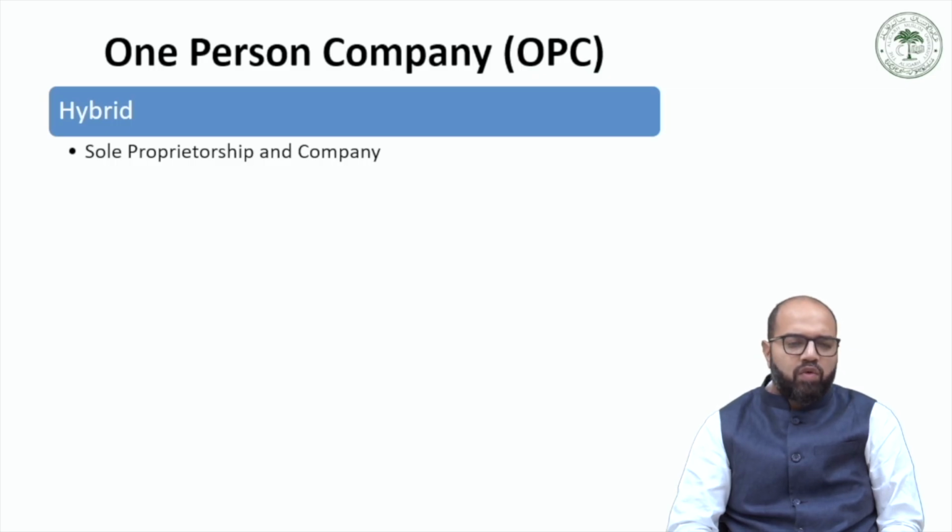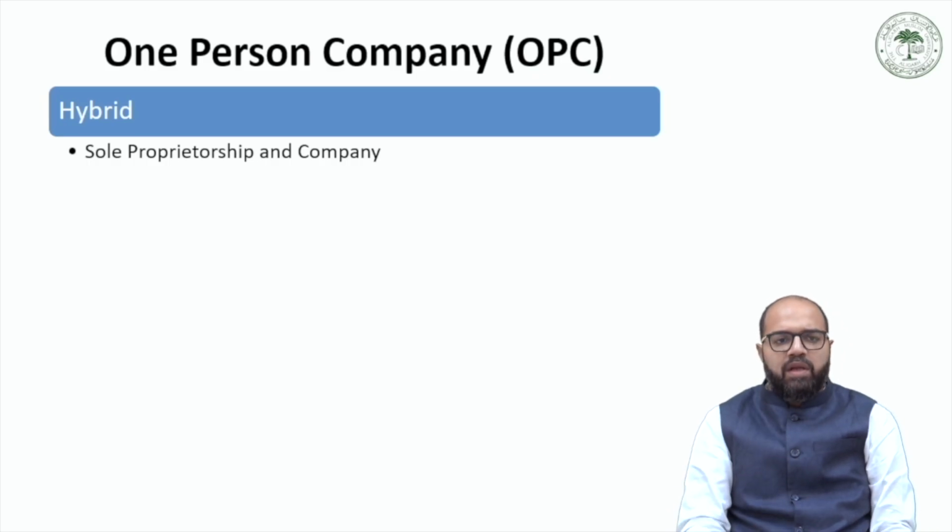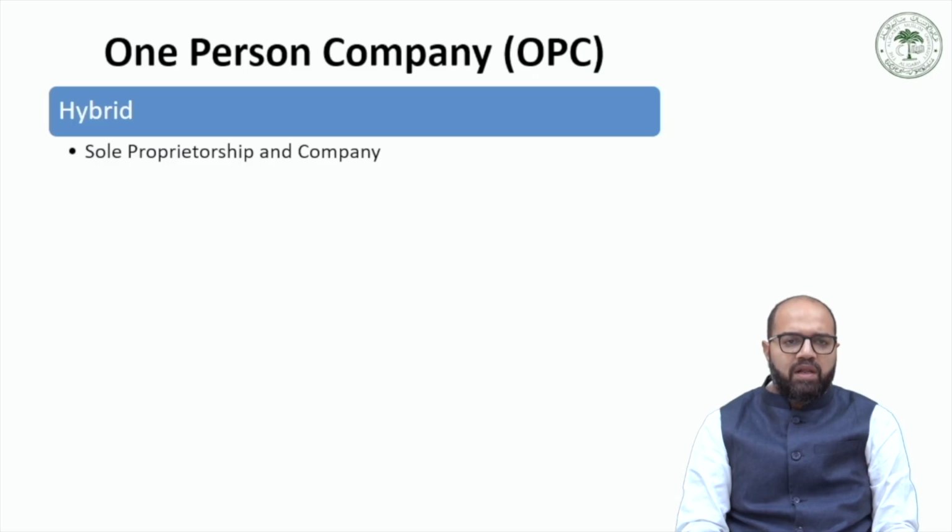That is sole proprietorship and a company. So, we have already undertaken a detailed discussion on both these two kinds of business organizations. So an OPC enables the sole trader or a sole proprietor to enter the corporate world by incorporating their proprietorship in the form of a company under the Companies Act.